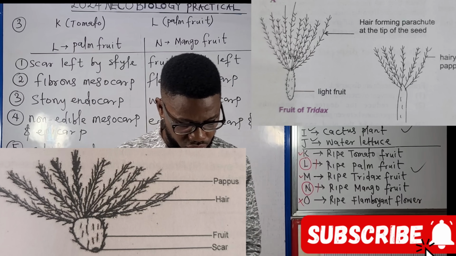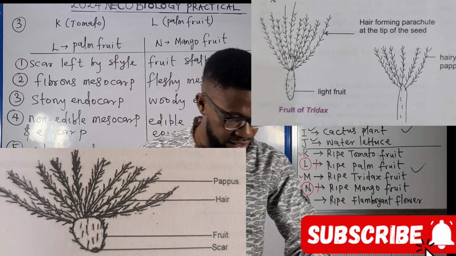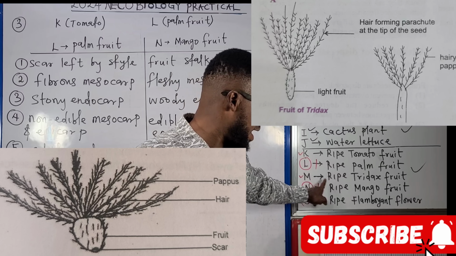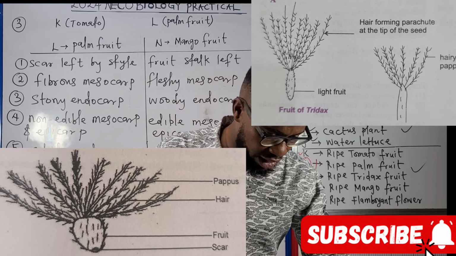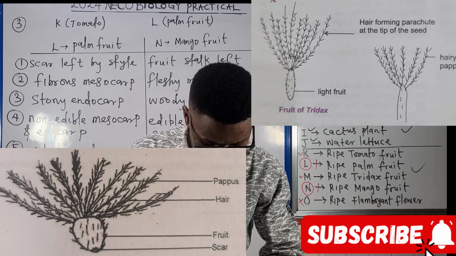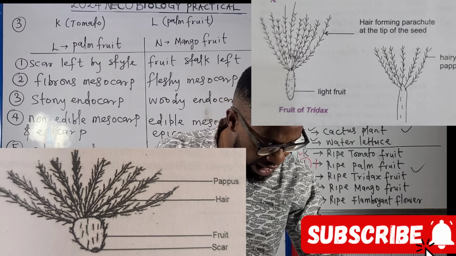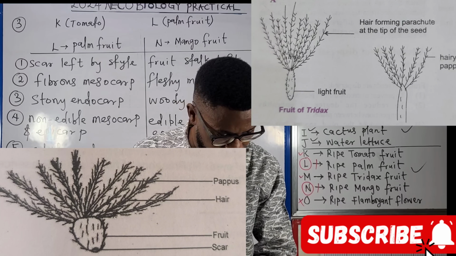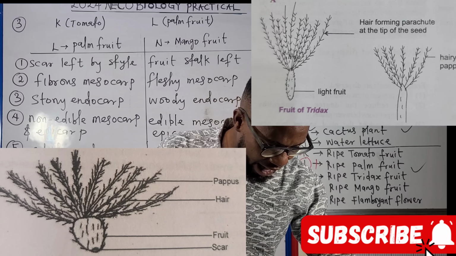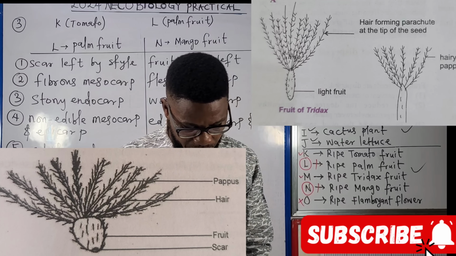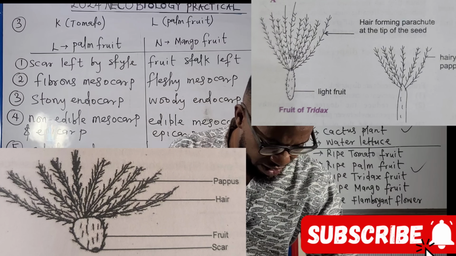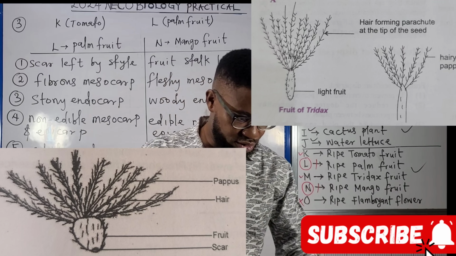As you can see on your screen, you can see the drawing for specimen M. Talking about the fruit, you can see the scar left, the scar. You can see the fruit itself, and then you can see the air, and then you can see the purpose. That's the airy purpose. Just about 4 labelings, and you're done with things.